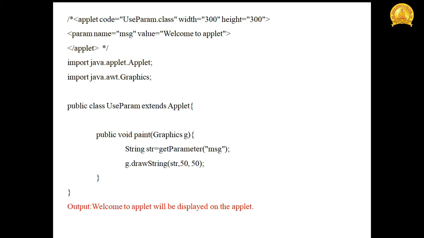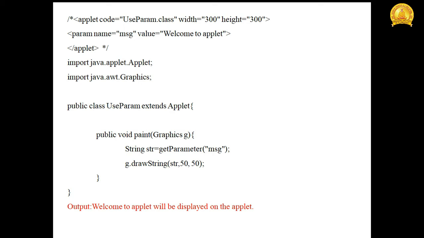String str is equal to getParameter("MSG"), which means that now str contains welcome to applet, because getParameter has returned the value of the parameter that was passed, which is stored in the variable str.